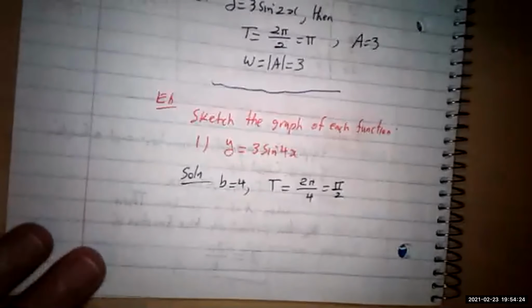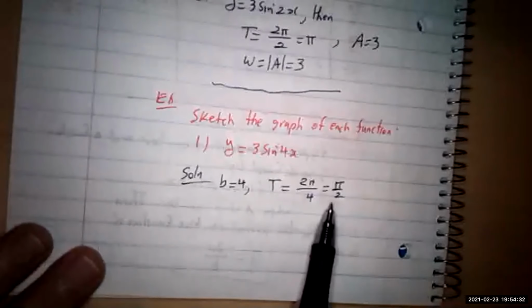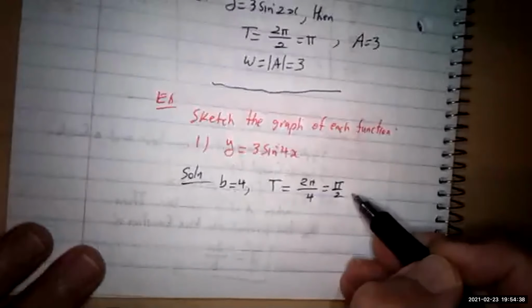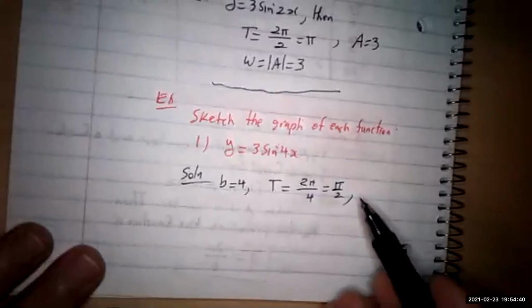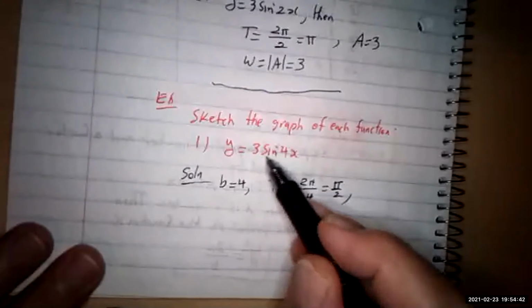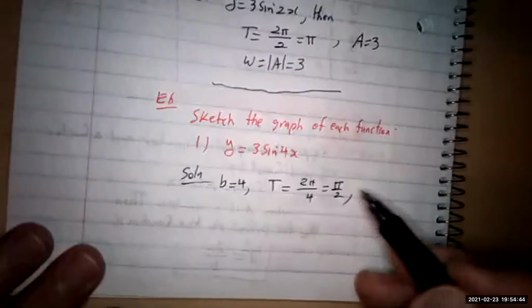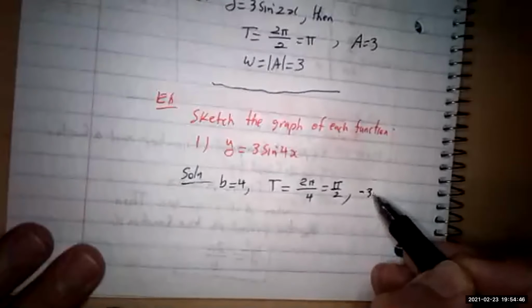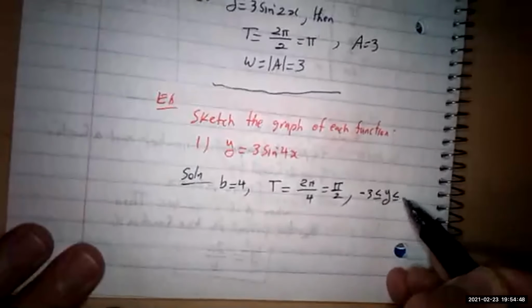So this means you have to arrange it. The value of your x must be between 0 and pi half, one period. And the range of your function, the y, is going to be between -3 and +3.